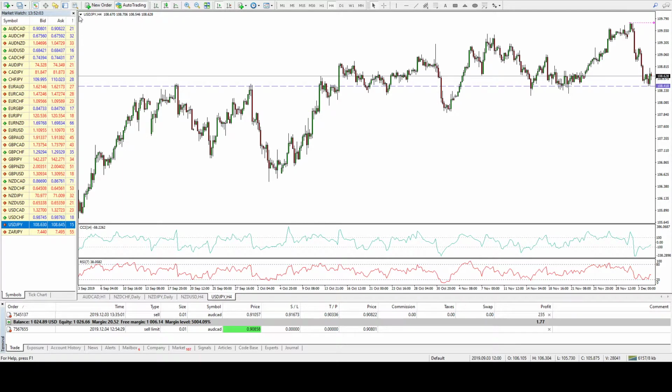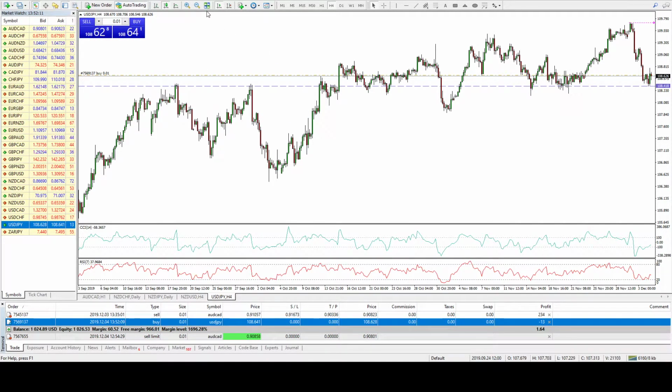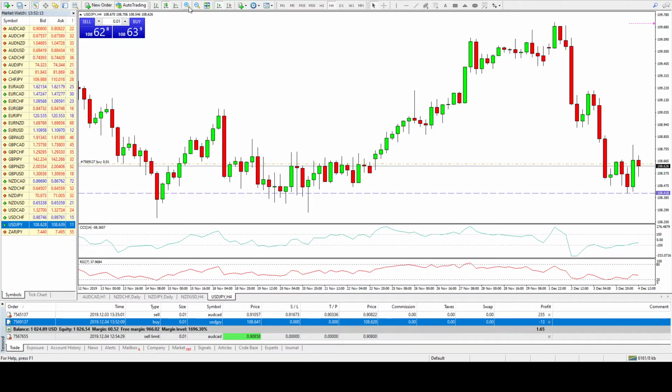Okay, I'm gonna enter dollar yen buy order. Let me show you. Okay, let me show you what happened here. I entered dollar yen in a 4-hour chart. Reason for entry. I want you to look at this.